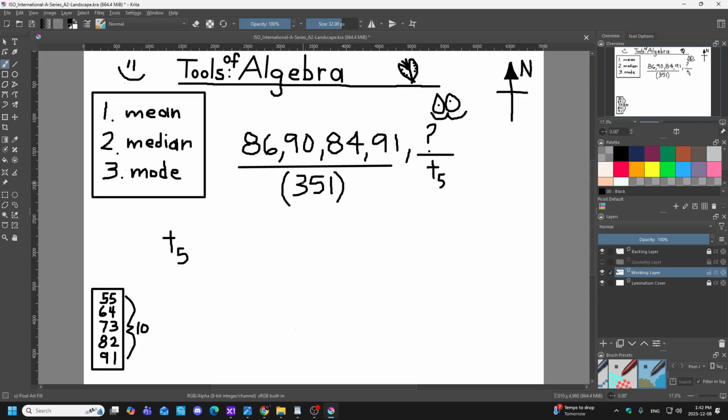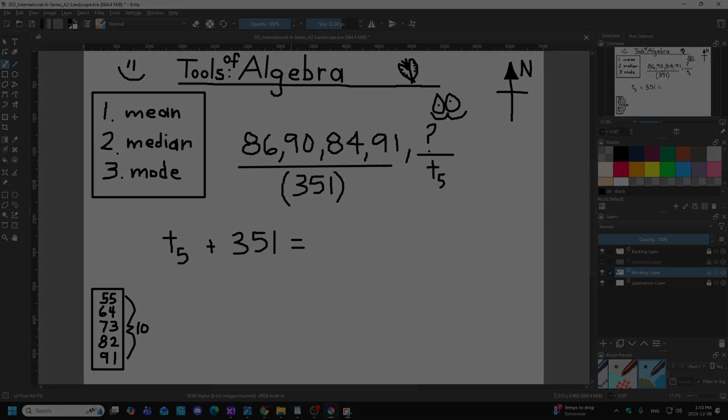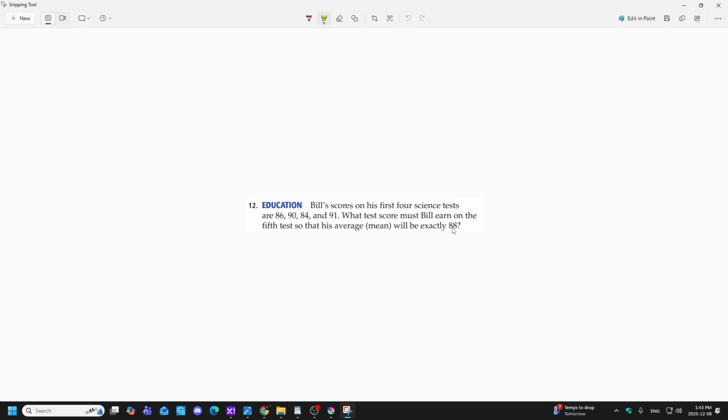Okay, so I'm going to say T5 plus the total, which is 351, and it's going to equal to, now let me share this again quickly with you so you can see, to be exactly 88 on the fifth test.